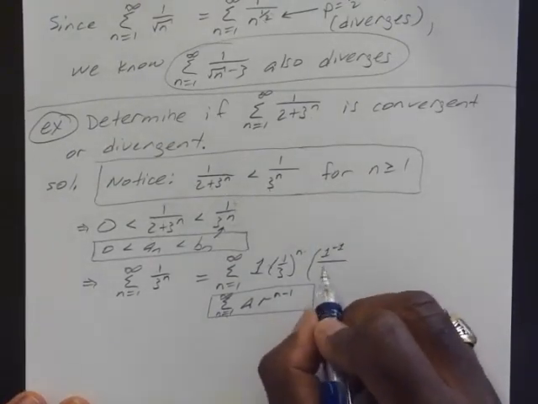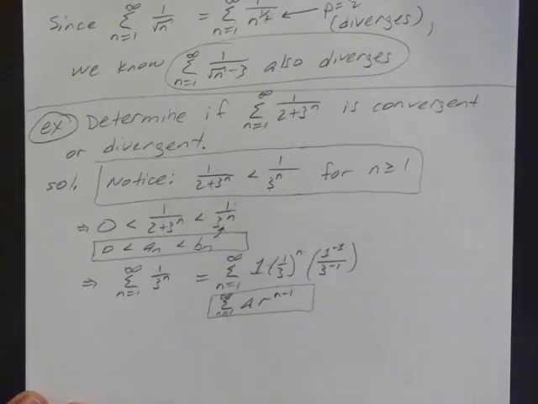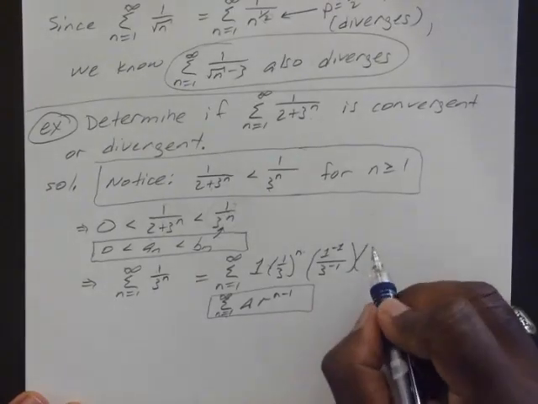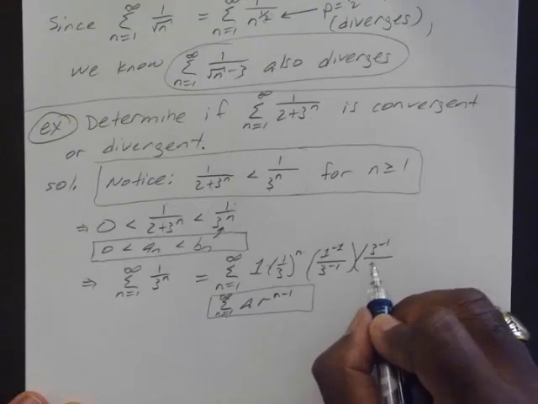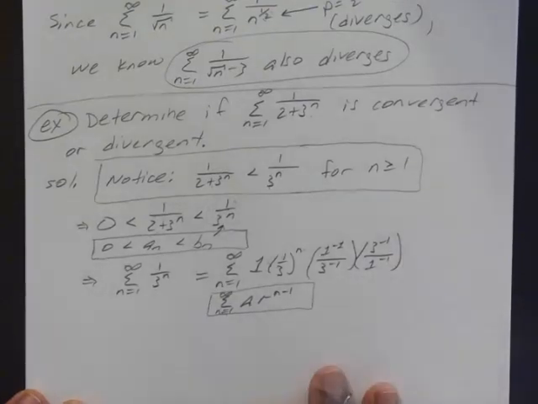1 to the negative 1 power over 3 to the negative 1 power. And 3 to the negative 1 power times 1 to the negative 1 power, so just the reciprocal of itself.